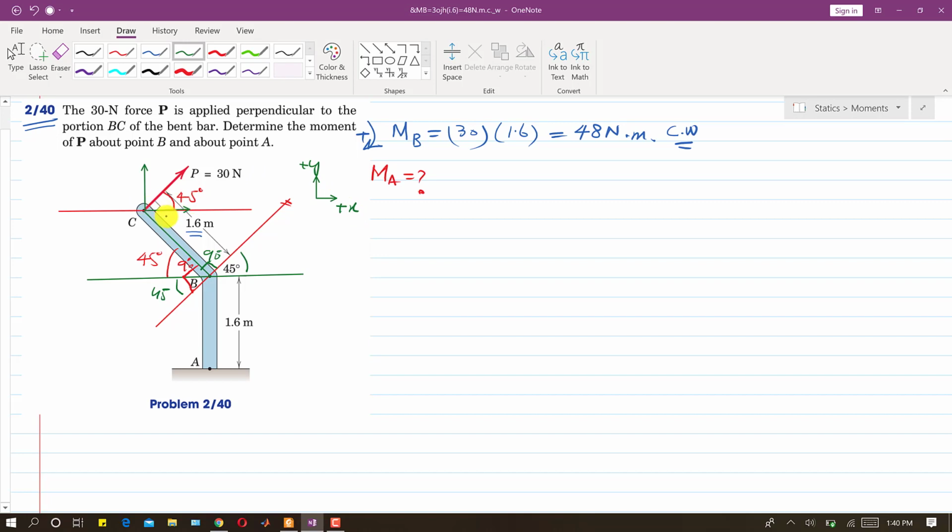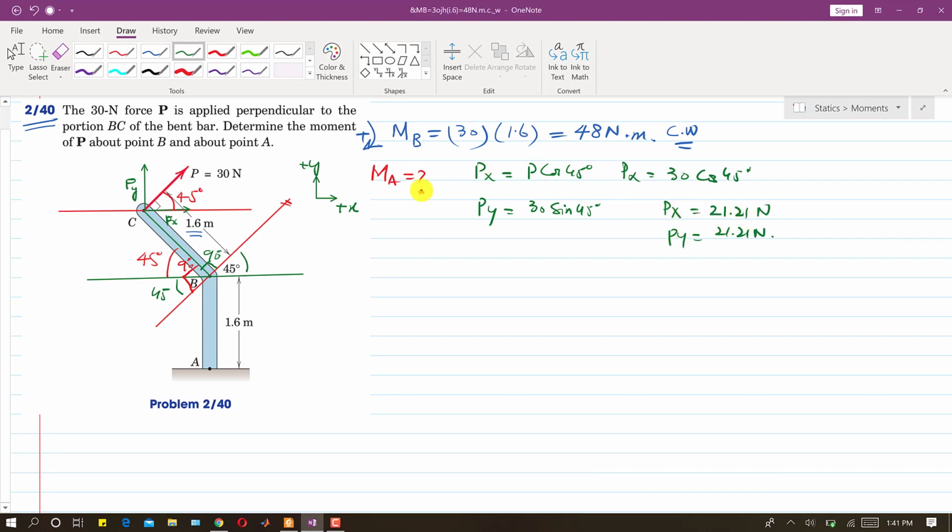Then we will be able to write that this is Px and this is Py, right? Now for Px, the angle is 45 and it is made with Px, so it will be P cos of 45 degrees. So Px will be equal to 30 cos of 45 degrees. And similarly Py will be P sine of 45, so it will be 30 sine of 45 degrees, right? If we solve this, then Px and Py both come out to be 21.21, right?